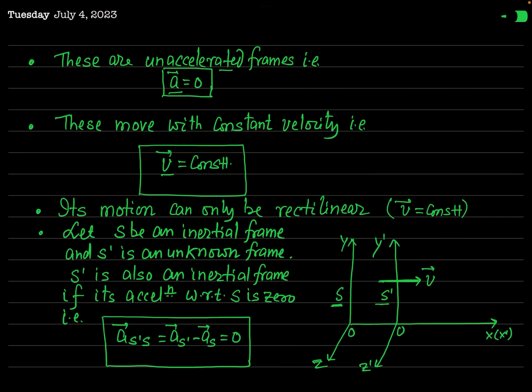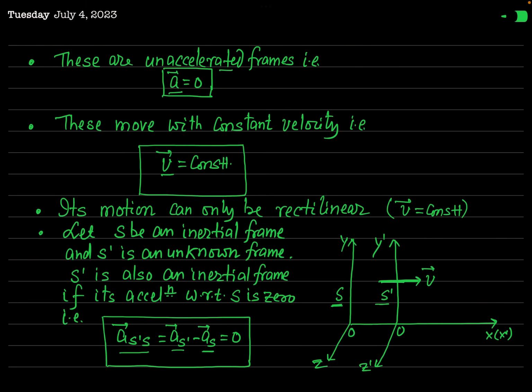It means we will find a S dashed S. What does this symbol mean? It means acceleration of S dashed with respect to S. And you have definitely studied in 11th level that a S dashed S is equal to a S dashed minus a S. a S dashed means acceleration of S dashed, and a S means acceleration of S. But we know that S is an inertial frame.